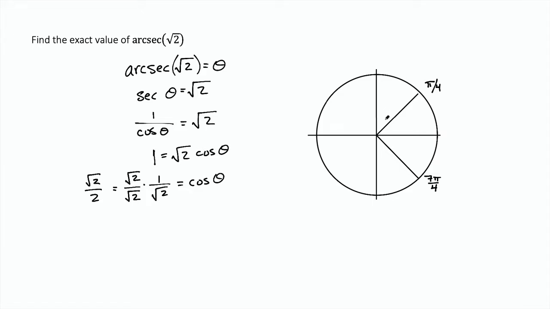And so we're only allowed angles that are these angles here. I cut out pi over 2 because secant of pi over 2 is not even defined, but everything else over here is. So we can't use the 7 pi over 4, but pi over 4 we can. And so pi over 4 is going to be the solution here.